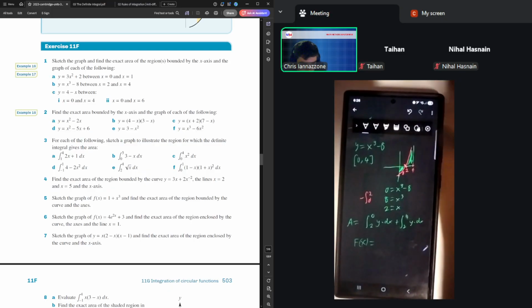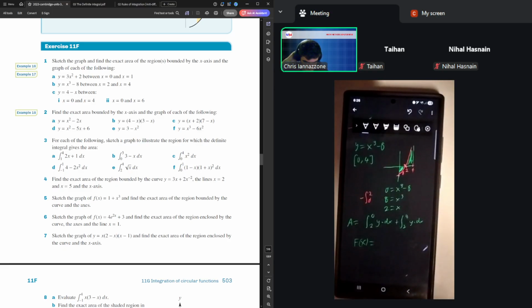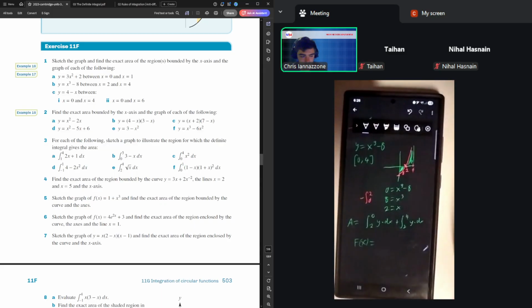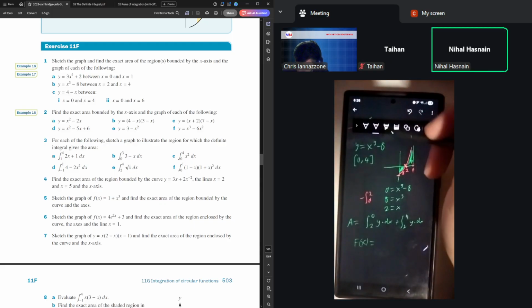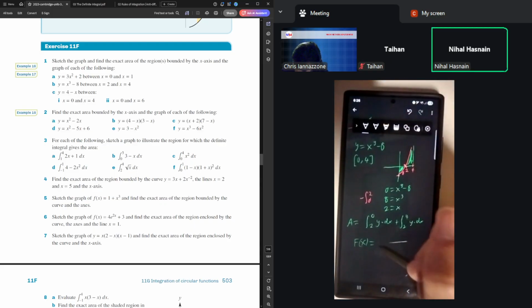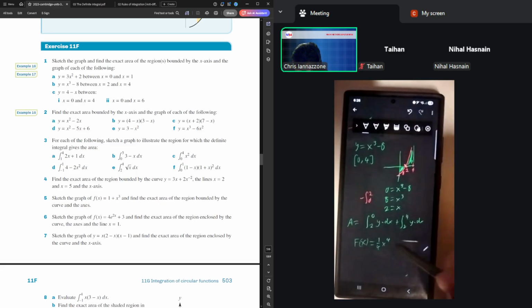That's our original function. What's the antidiff of this one going to be? X to the 4 over 4 minus 8x, that's it.